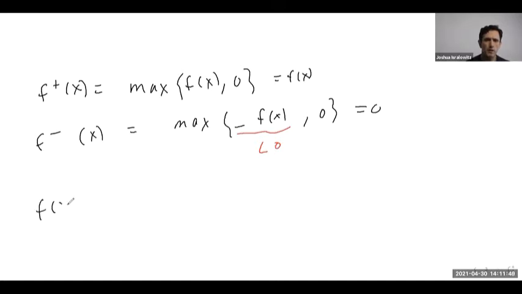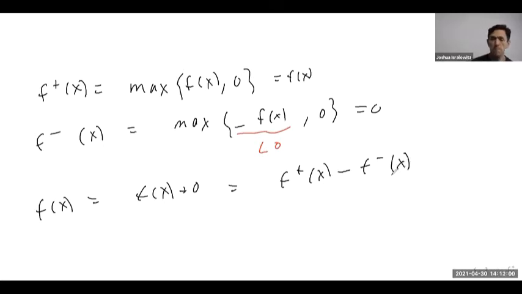So f of x equals f of x plus 0, which is f plus of x minus f minus of x. And again, in this case, f minus is 0. So always one of these, f plus or f minus, is going to be 0.